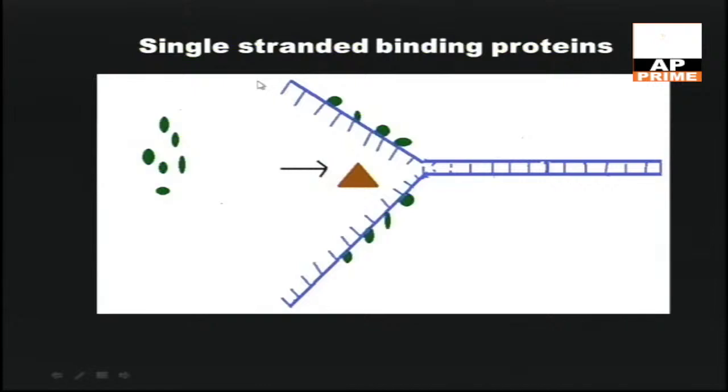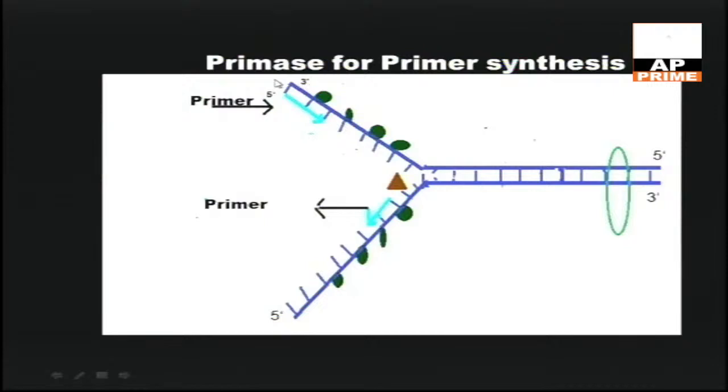Single stranded binding proteins, by binding to the single strand, stabilize them so that each strand can act as a template for the formation of a new complementary DNA strand. Primase enzyme catalyzes the synthesis of a primer to provide free 3' hydroxyl groups.